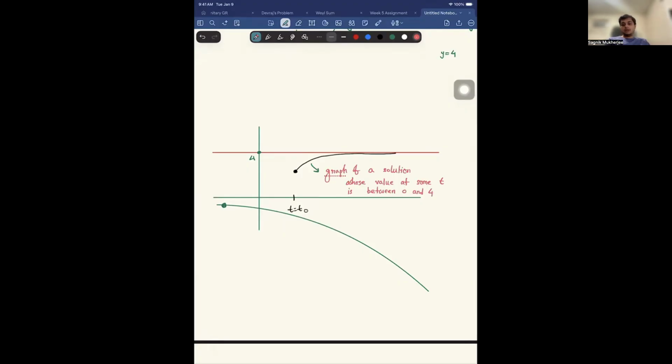We just saw that it will keep increasing. So if I try to complete it, it will probably be something like this. On this side, it is asymptotically decreasing, and on this side, it is asymptotically increasing. So this is what a typical solution would look like whose value at some point is between 0 and 4. Once between 0 and 4, it is always between 0 and 4, but asymptotically.